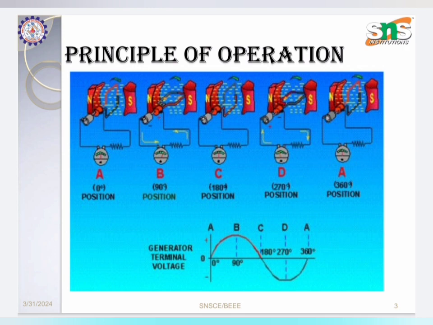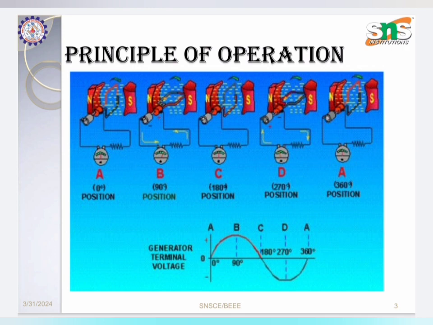Whereas from 270 to 360 degrees there is no magnetic field being cut by the conductors, and hence again the EMF is 0. So you can clearly see that from 180 to 360 degrees a terminal voltage is generated, but exactly in the negative direction.